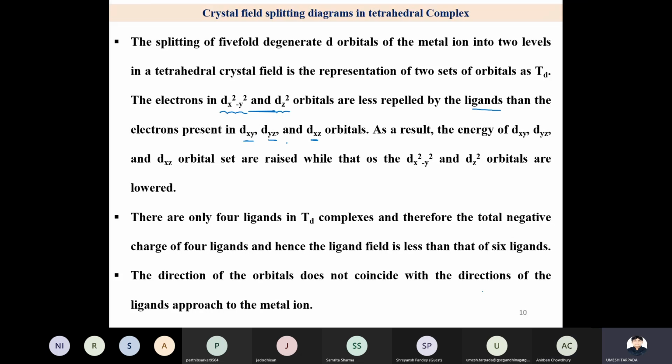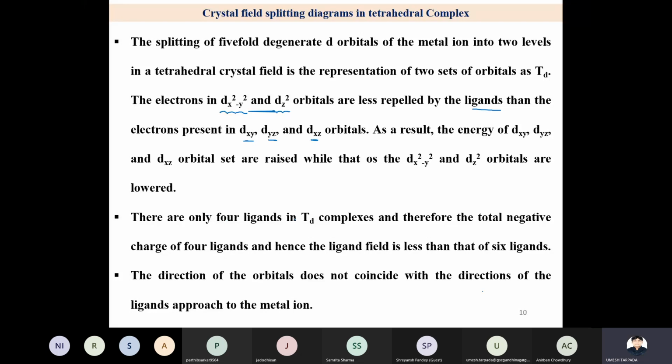Electrons of dx2-y2 and dz2 experienced more repulsion, and that's why their energy increased. But here they experience less repulsion, and therefore their energy decreases. But for T2, dxy, dyz and dxz experience more repulsion, so their energy increases. As a result, splitting into two sets takes place in the tetrahedral field.